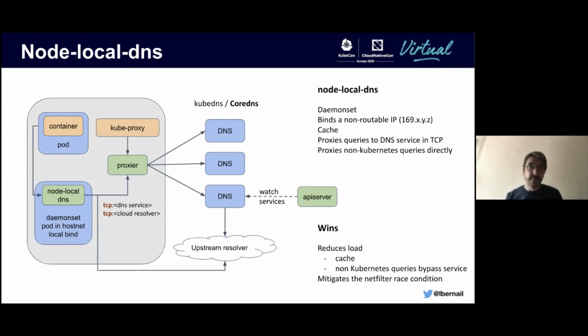So it's very efficient because you're not doing any UDP queries, and you remember from before that UDP queries were triggering this conntrack issue that wasn't great. And also what you can do is bypass the DNS service for any non-Kubernetes domain, which means you reduce the load a lot on your DNS infra, which is good news.